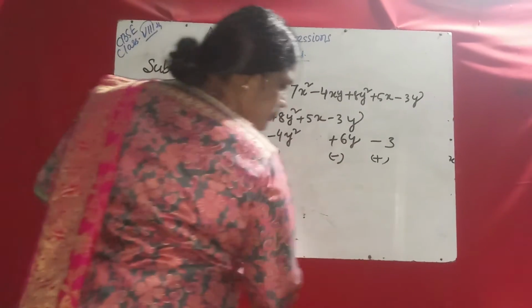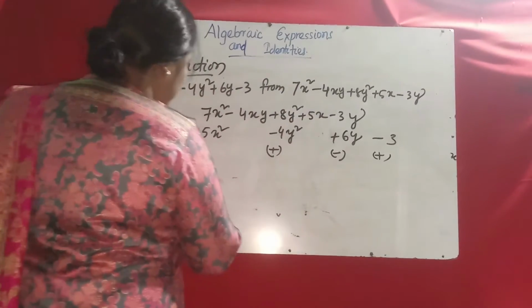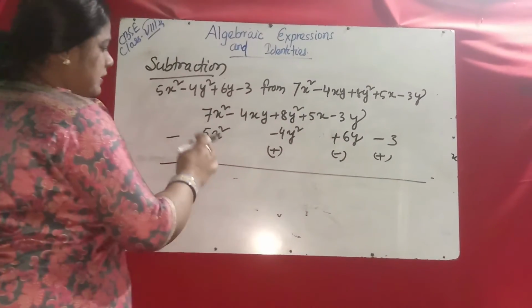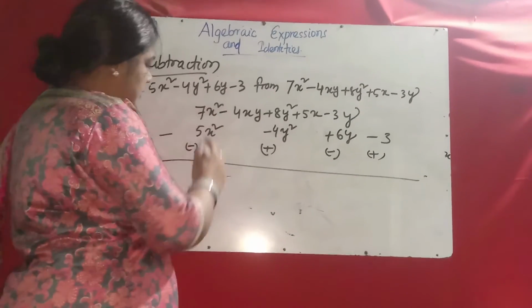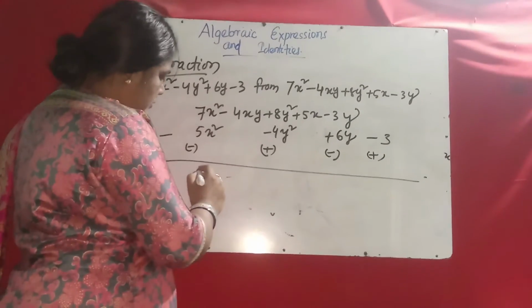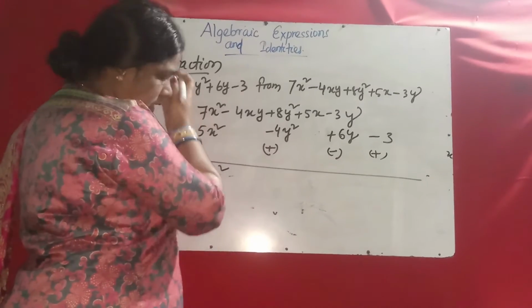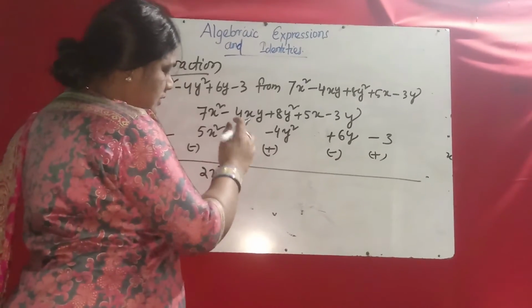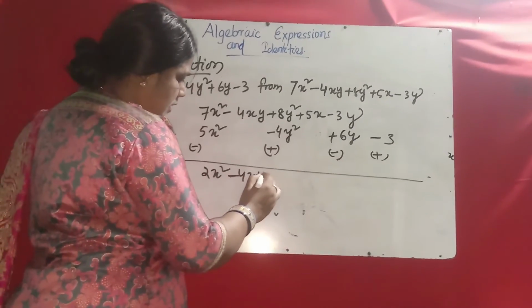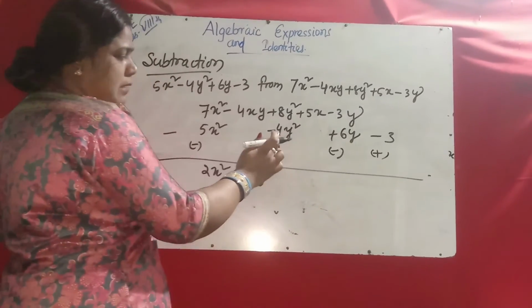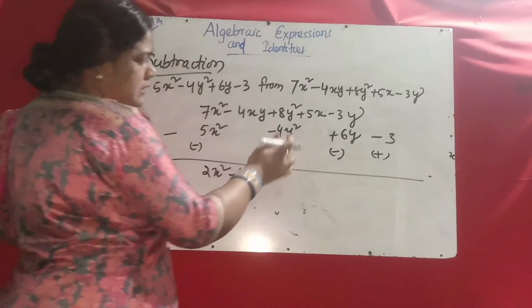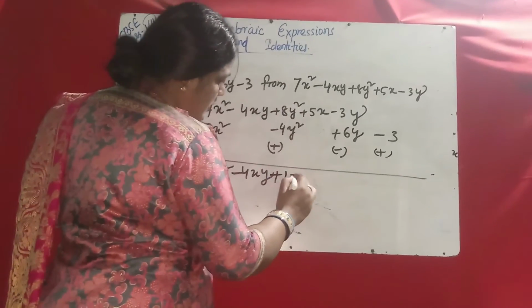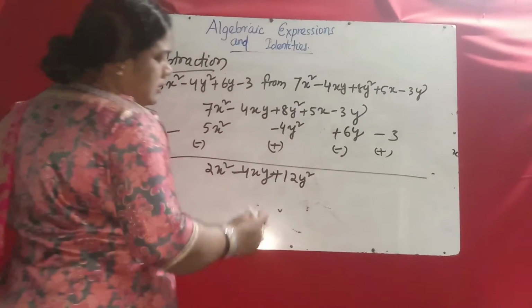So here 7x square minus 5x square is 2x square. Then minus 4xy will not change. Then here minus 4y square, change it to plus 4y square. That means 8 plus 4, 12y square.